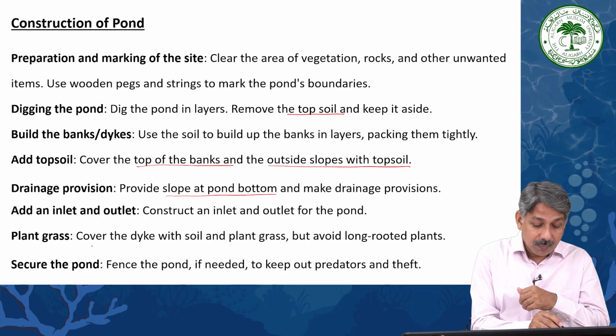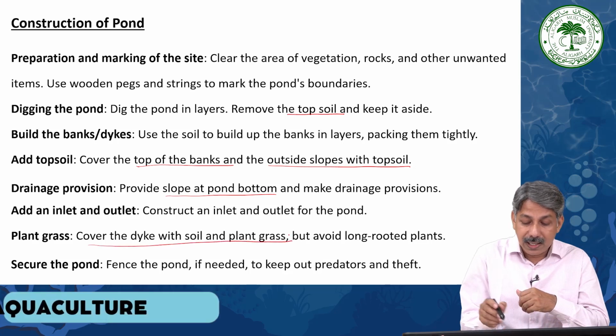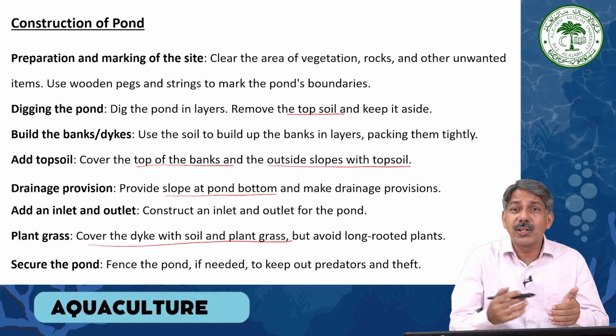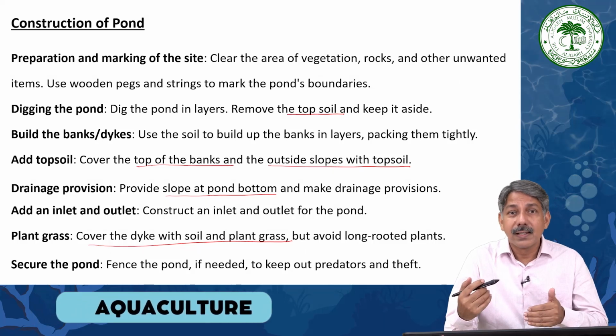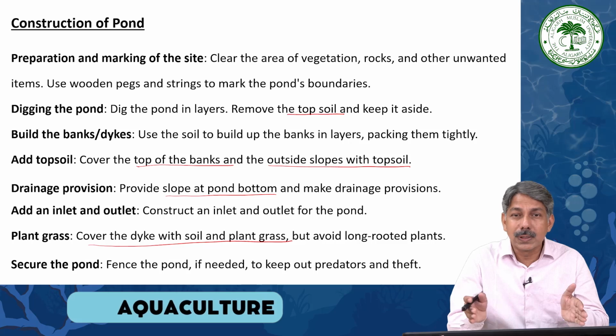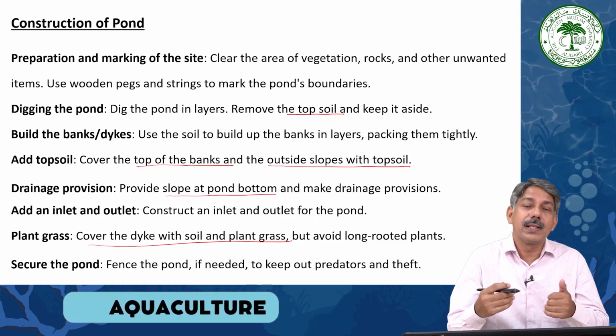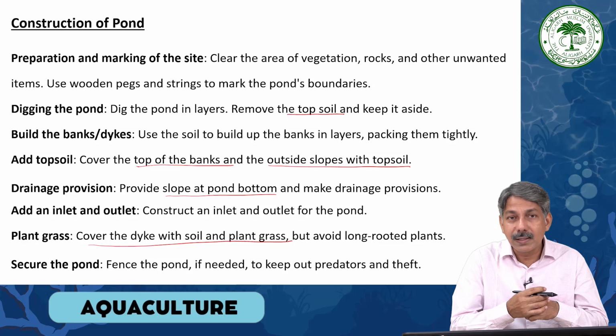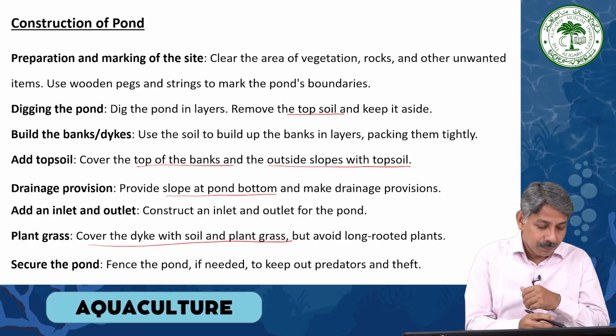Then cover the dike with soil and plant grass that I have explained to you, but avoid deep rooted plants, especially on the inner side of the dike. If you have a wide enough dike, then on the outer edge you can have trees planted, but not on the inner side of the pond.